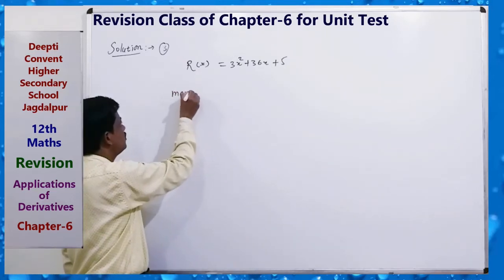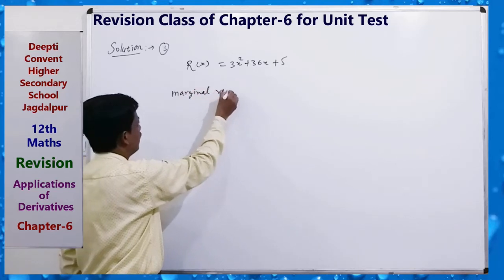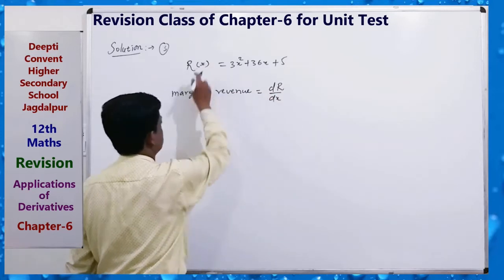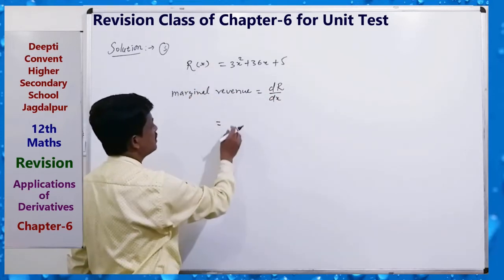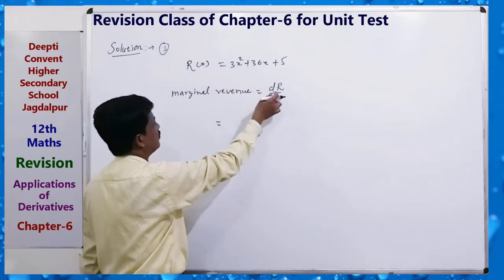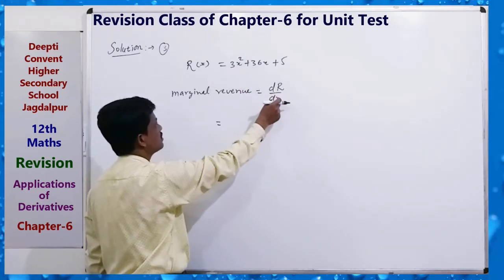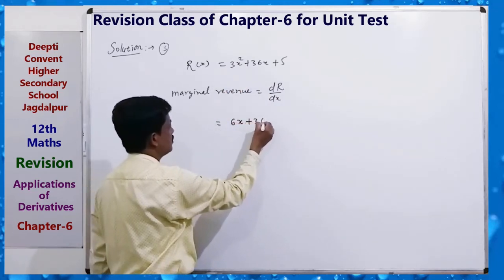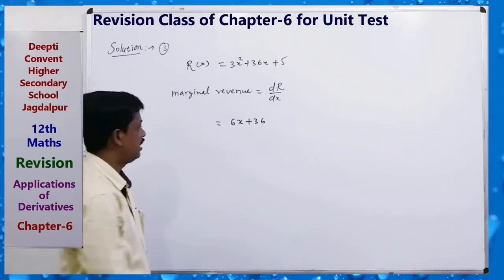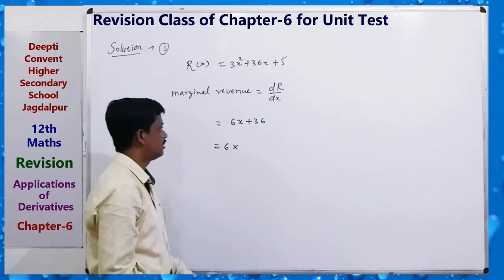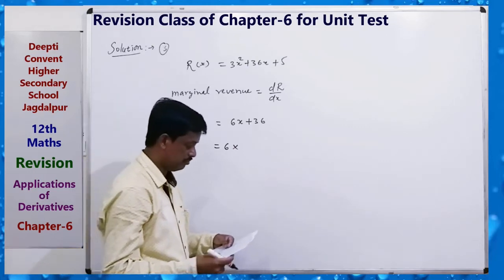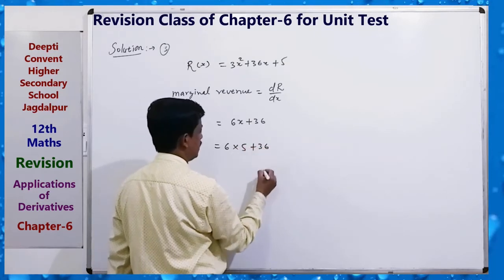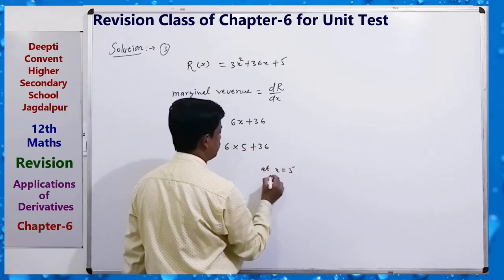So marginal revenue equals dR upon dx, x as a variable. Differentiate R with respect to x. So 6x plus 36. Okay, and this equals 6 into 5, x equal to 5, plus 36 at x equals 5.